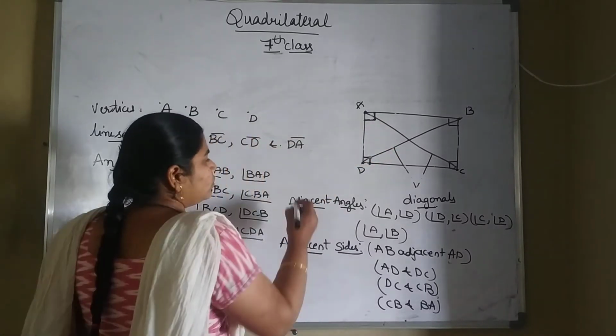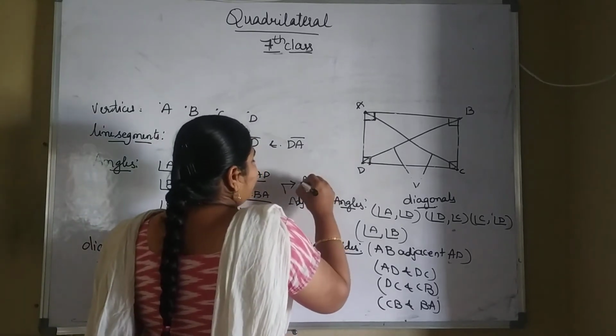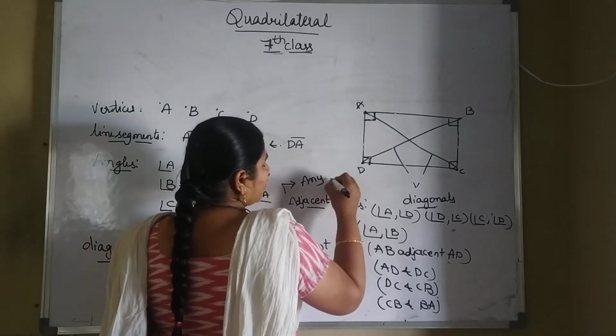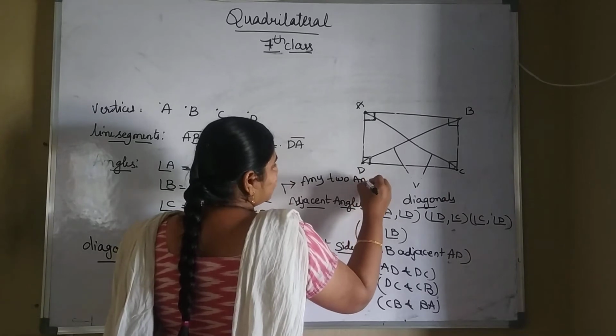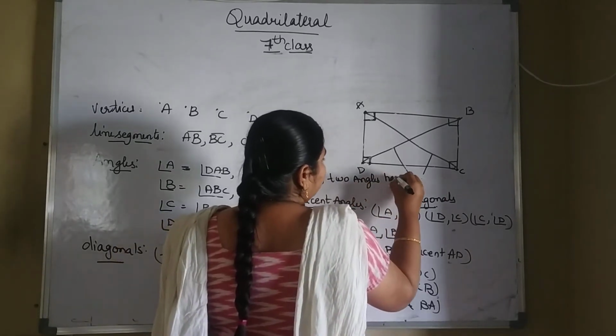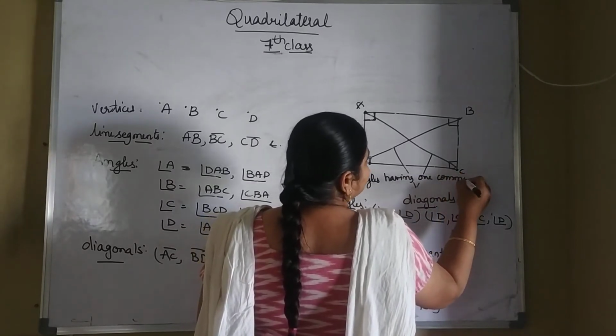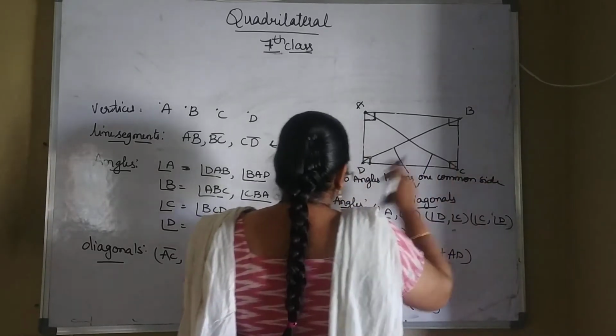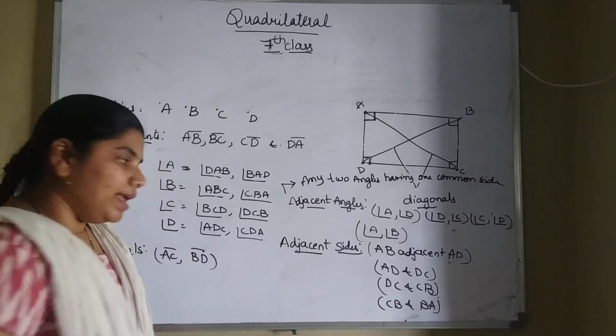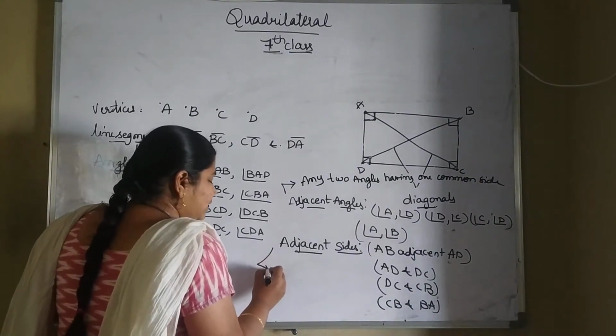Okay, don't be confused. Adjacent angles means any two angles having one common side is called adjacent angles. Now, what do you mean by adjacent sides?